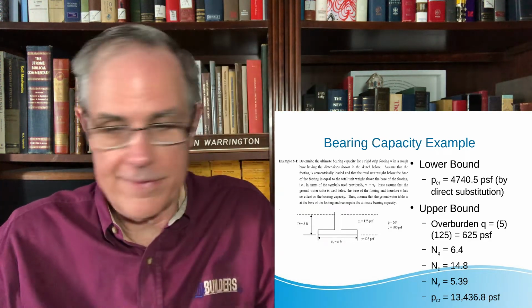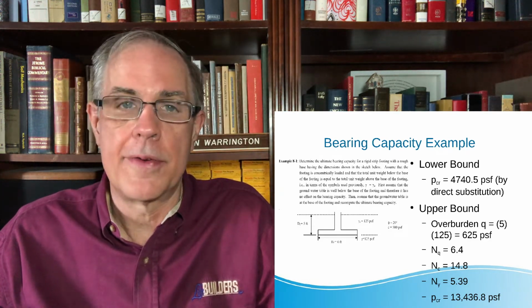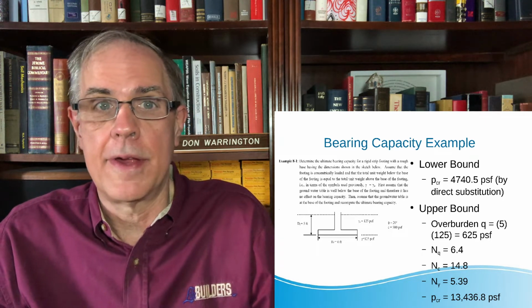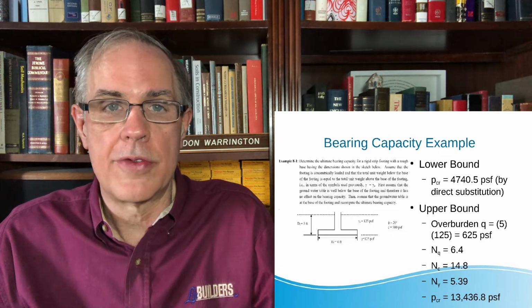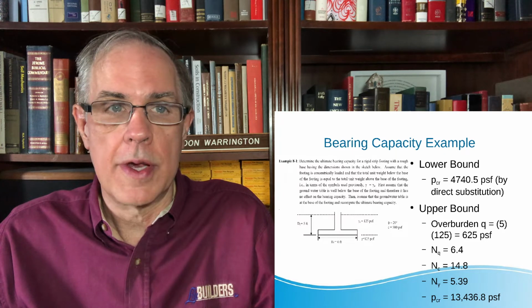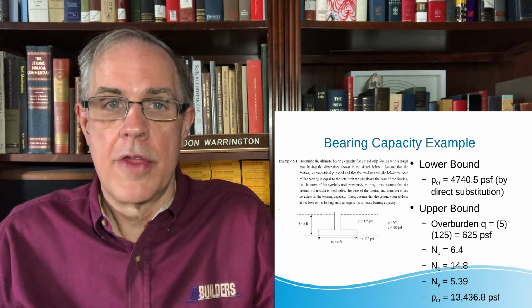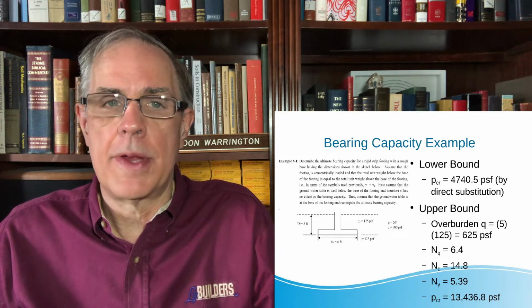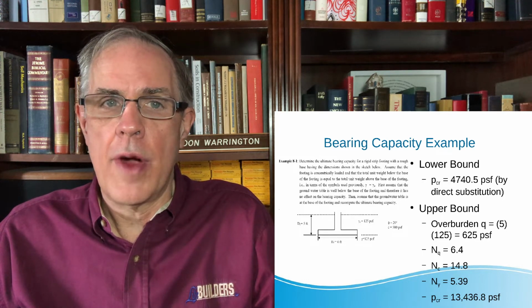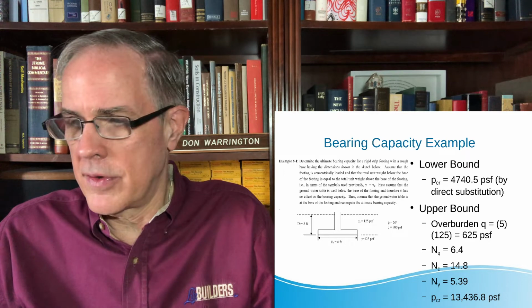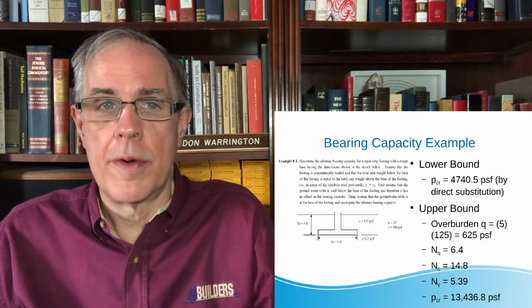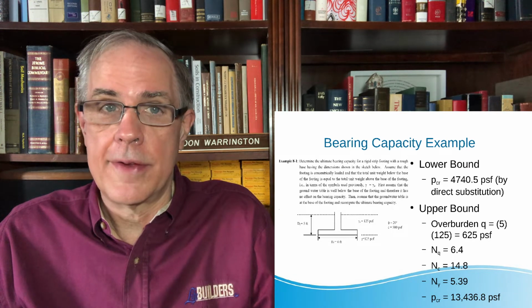So you take 5 times 125, which is 625 PCF. And that's all there is to it. This is for a continuous footing in both cases. The lower bound solution only applies to a continuous footing, and the way that I've put it, the upper bound solution is likewise. We're about ready to get into situations where that's not the case.